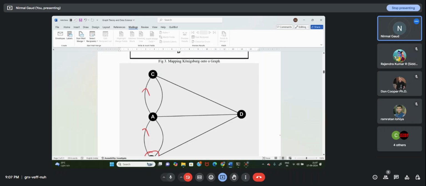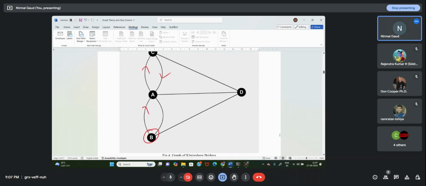Then from C, for example, I again come back to A, and see, I can't go to B now, because it's been told that you have to visit each and every bridge. If you come back to B again, you are again at the starting point, but before coming to the starting point, you should visit each and every bridge.